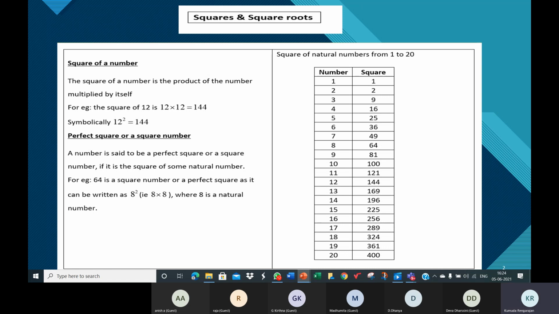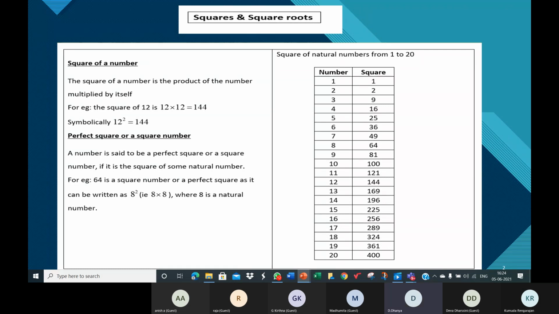Is 4 a perfect square? Yes, ma'am, 2 squared. Yes, 4 is a perfect square, or a square number, because it can be expressed as the square of some other natural number, 2. 2 squared is 4. Okay, so it goes like this. Is 625 a perfect square?